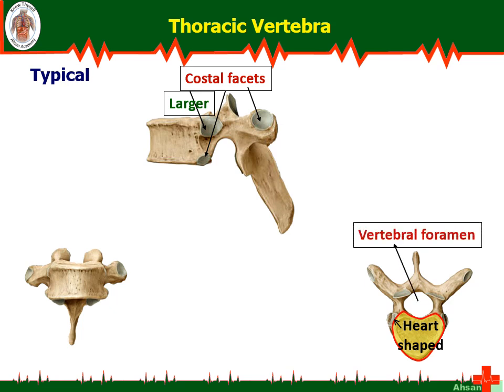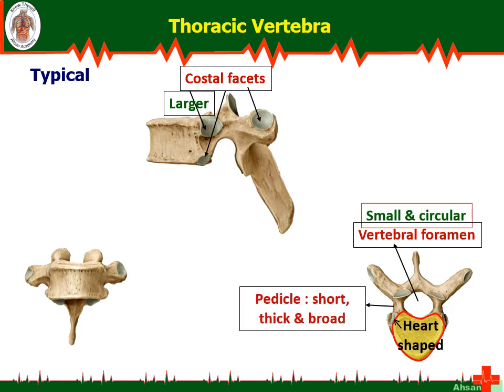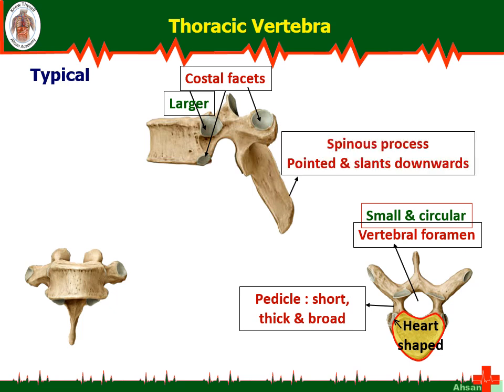The arrow indicates the vertebral foramen. In the thoracic vertebra, this is small and circular. The arrow is indicating the pedicle. It is short, thick and broad. See, this is the spinous process, which is directed downwards and posteriorly. This is the articular facet present on the superior articular process.